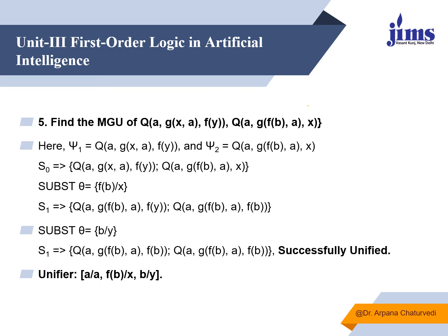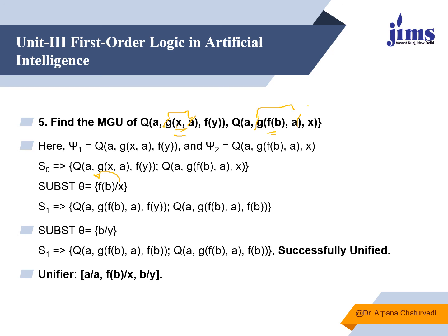Now come forward. Another is g(x), A and g(f(b)), A. So here A, A is same, g, g is same. So x can be substituted by f(b). So here we have substituted x by f(b), and the new problem statement will be Q(A, g(f(b)), A, f(y)) and Q(A, f(b), A, f(b)).